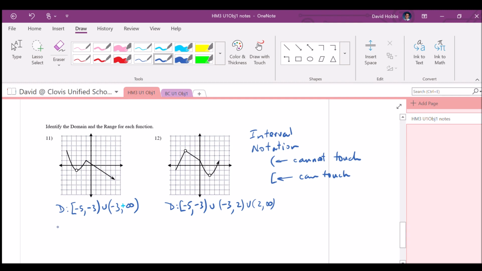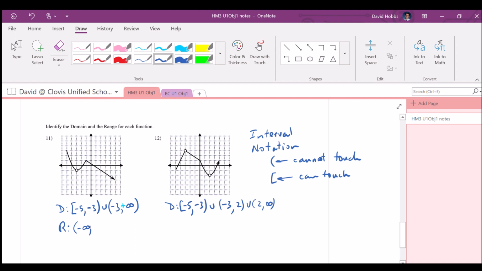Let's talk about range. Range are the y values that go up and down. Okay, so what's my highest elevation? 3. Can I touch it? Yes. What's my lowest elevation? Well, technically, see how the arrow, it goes forever and it's going down, so it goes down forever. So the lowest elevation is negative infinity.